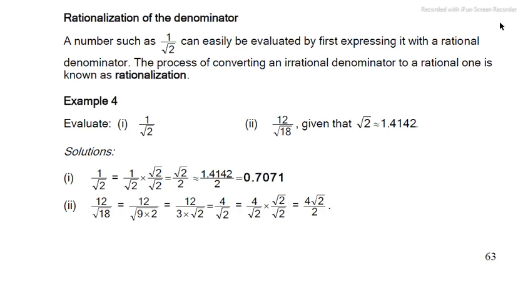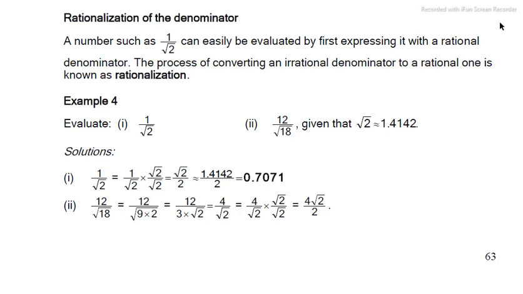In our example 2, we have 12 over root 18. Still, we can do the same, or this time round we can first of all simplify root 18, since it can be simplified, and we know that 18 has 9 and 2 as its factors, where 9 is a square number.